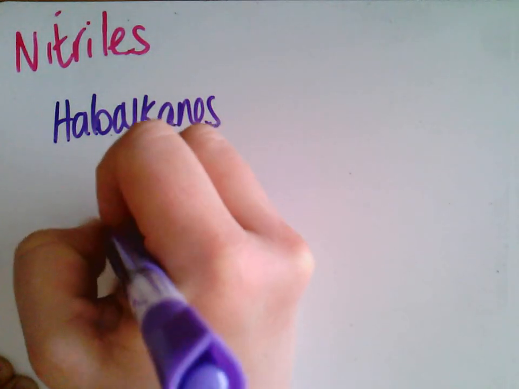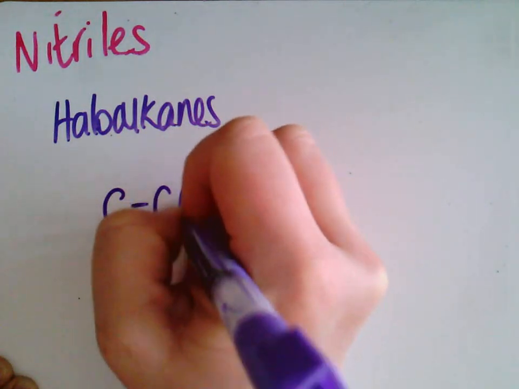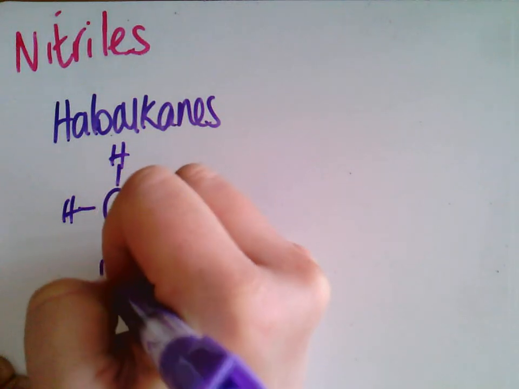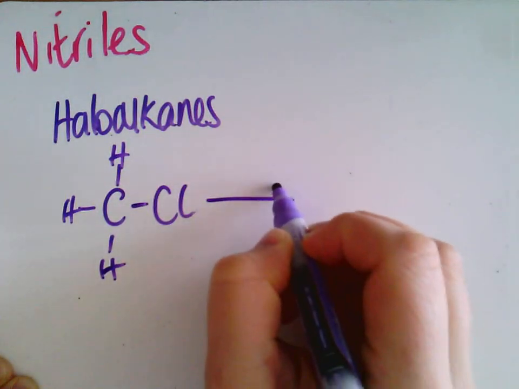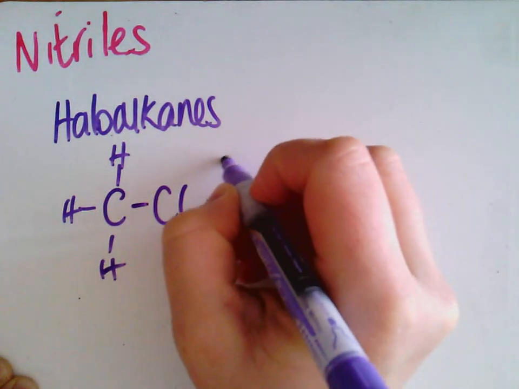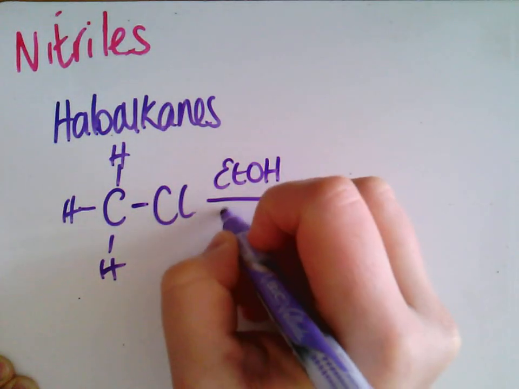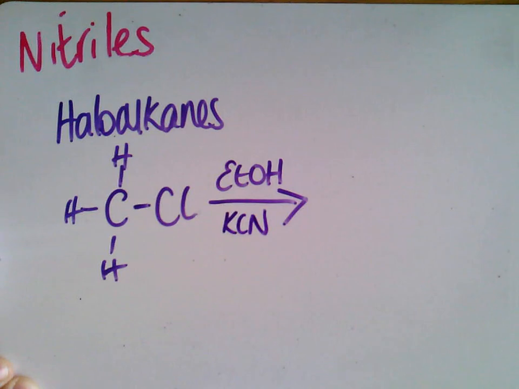Let's start off with a simple example. I'm just going to start off here with chloromethane. And the conditions for this change to happen are cyanide in the presence of ethanol. So this is going to be something like potassium cyanide again.